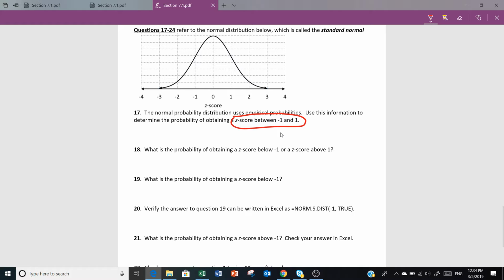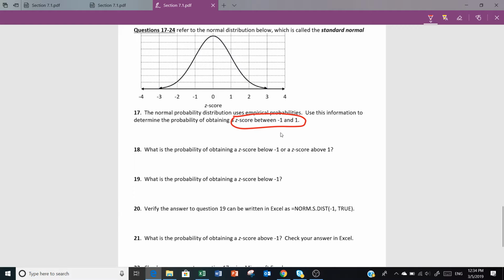Instead of 1 minus 0.16, 1 minus... Here, look. We just start in the box, equals 1 minus. So you just do 1 minus. How hard is it?